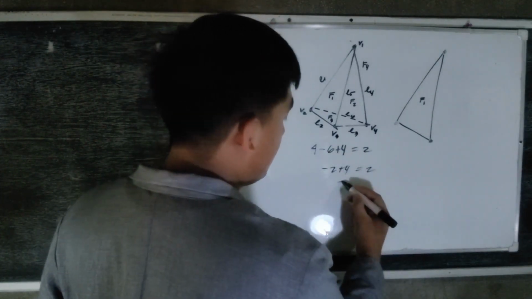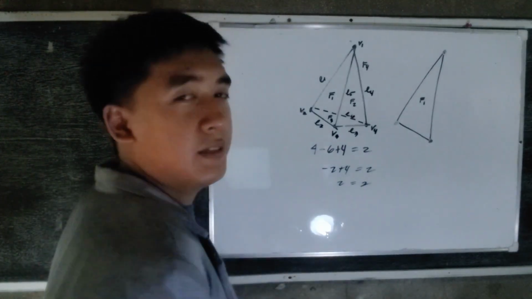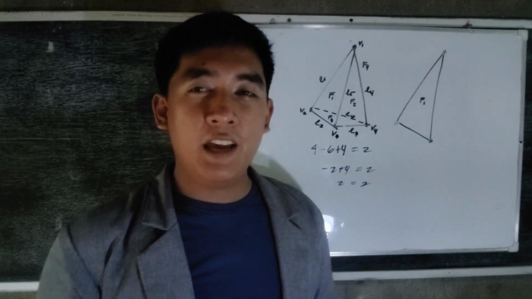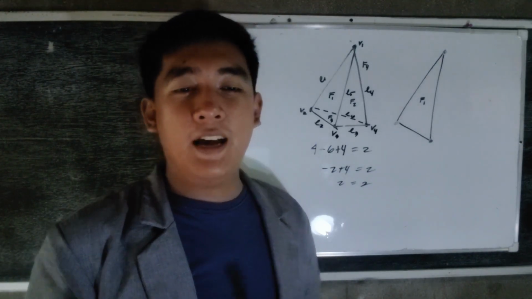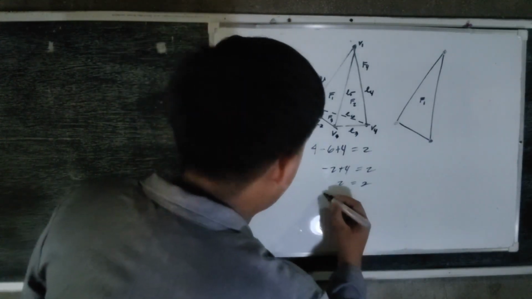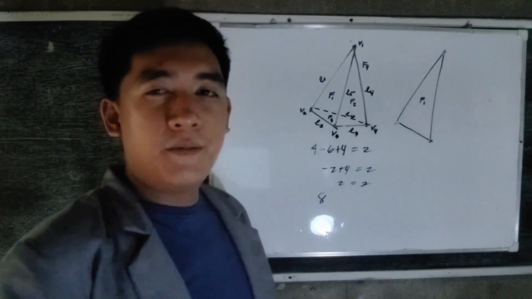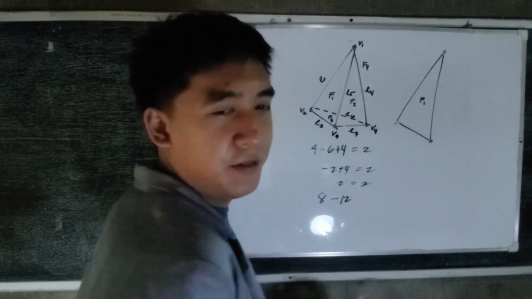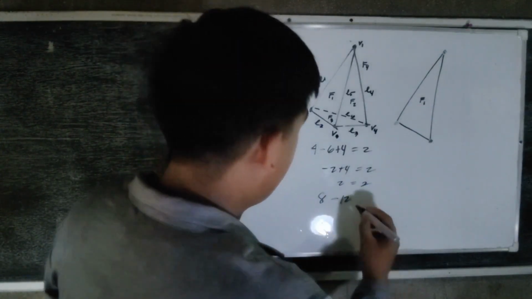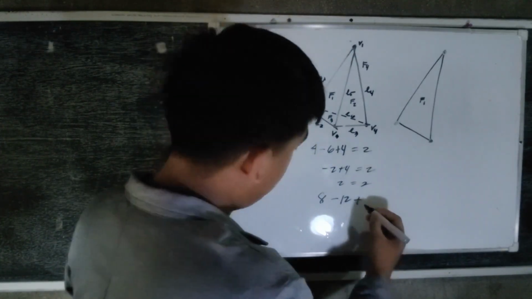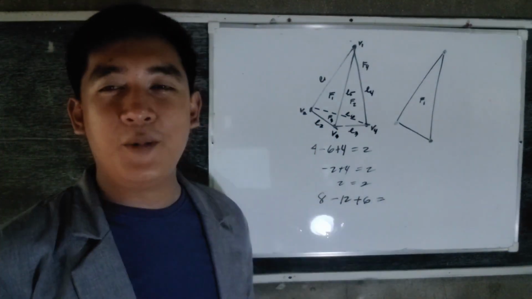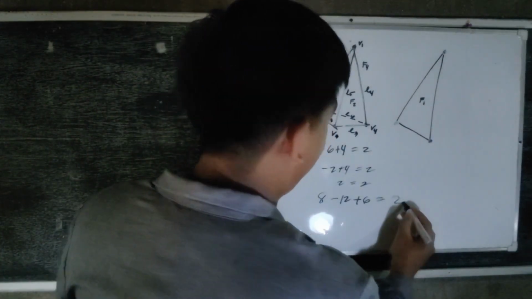So 2 is equal to 2. Now, if you consider a cube, a cube has 8 vertices minus 12 edges plus 6 faces. Clearly, this is equal to 2.